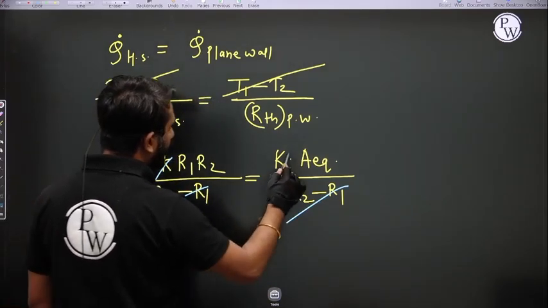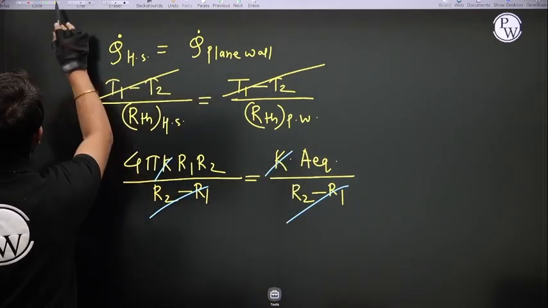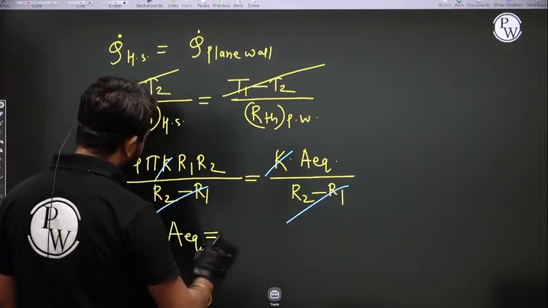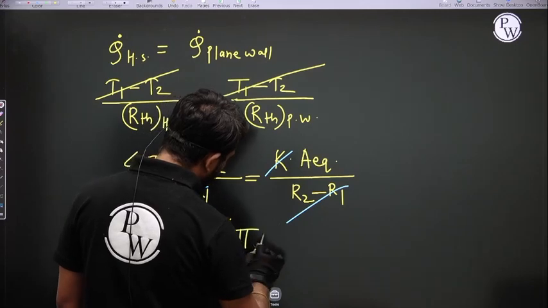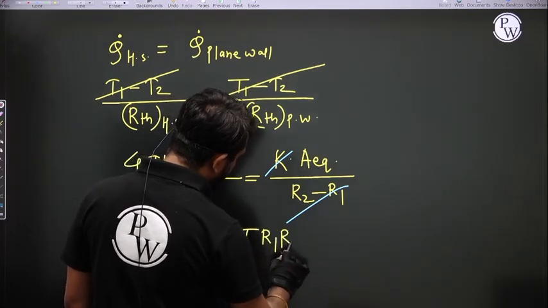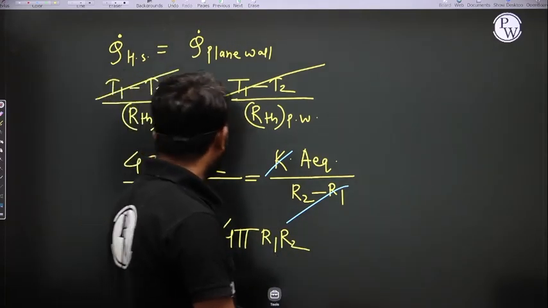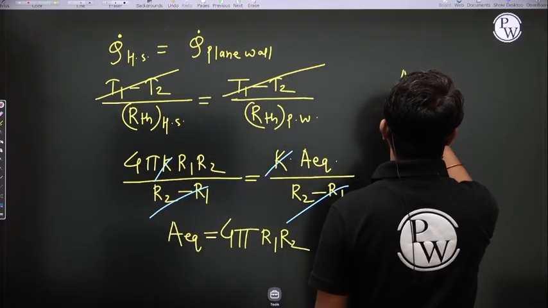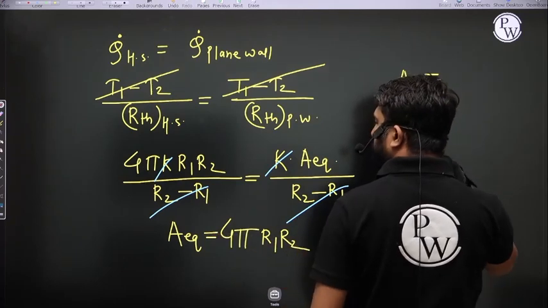So ultimately the equivalent area is equal to 4 pi R1 R2.